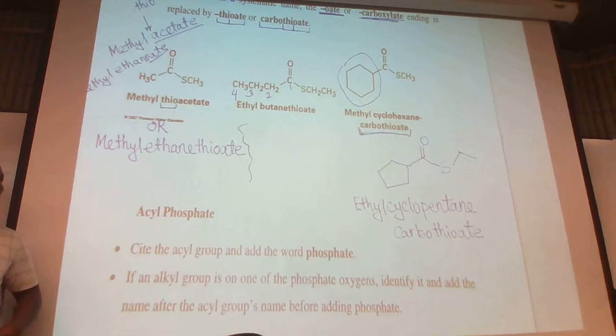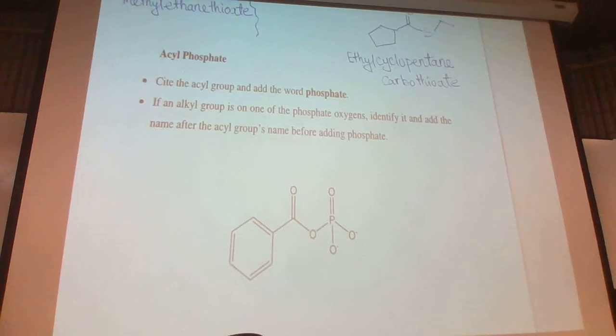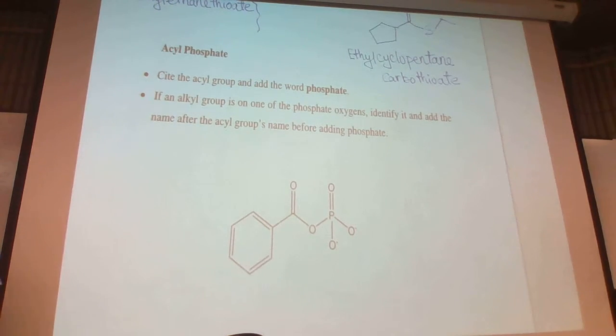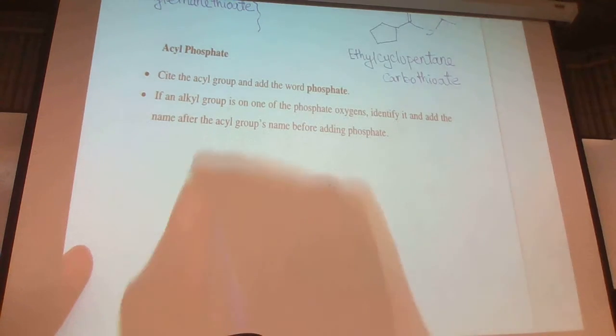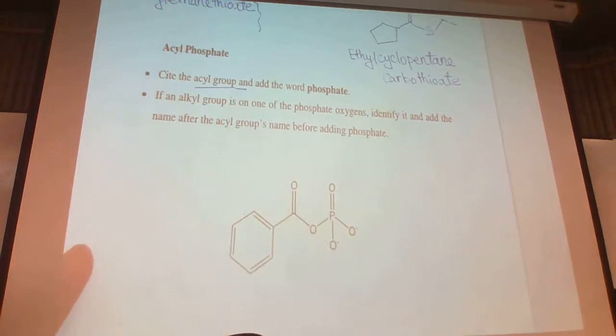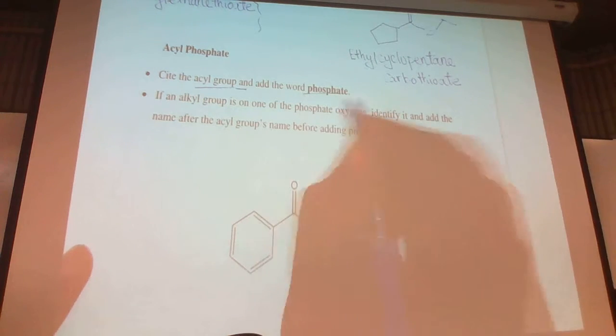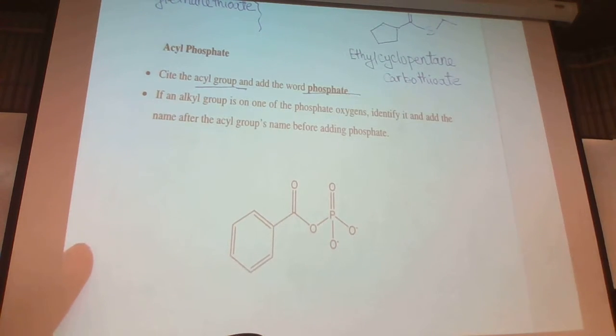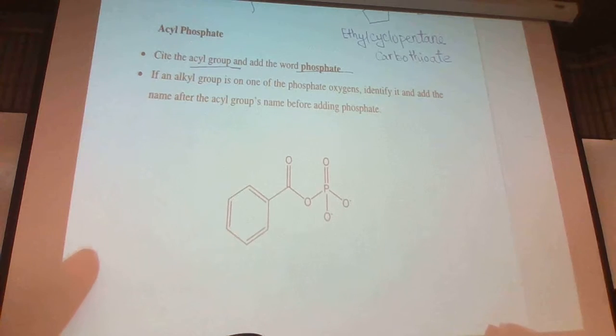Okay? Alright. So the last of the group here is phosphates. Okay? So to name the phosphates, you identify the acyl group, and then you just add the word phosphate at the end. Okay.